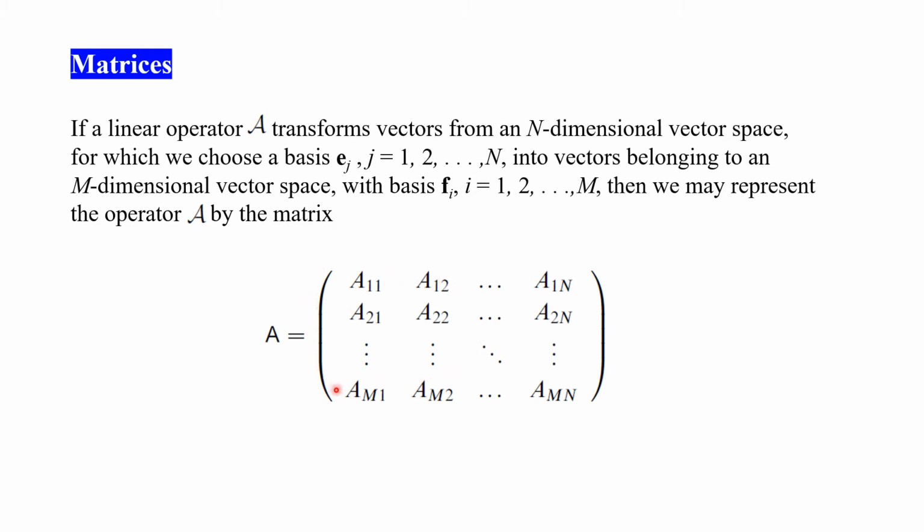We call this a matrix, and this matrix has elements, for example A11, A12, up to A1n, up to Amn. So this is your linear operator A described as a matrix.